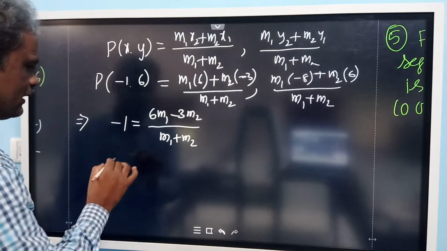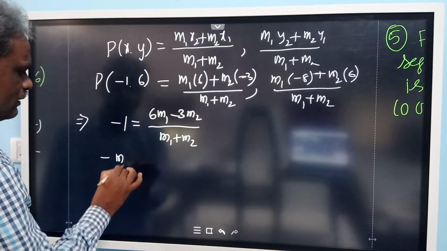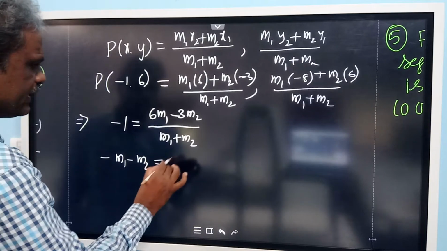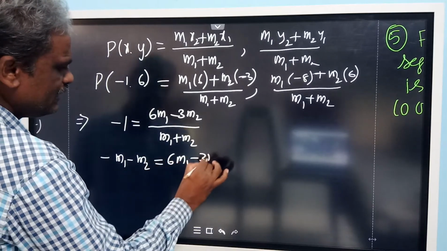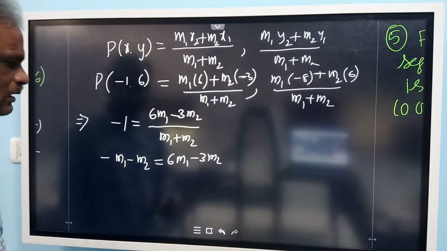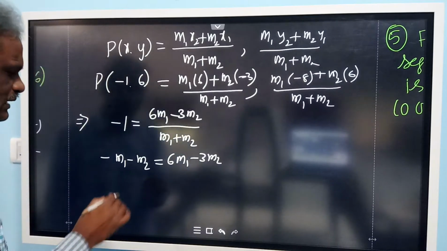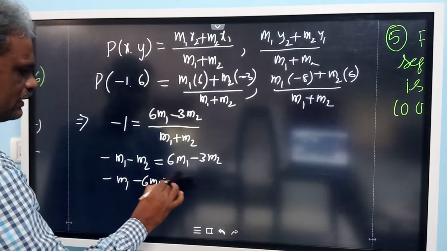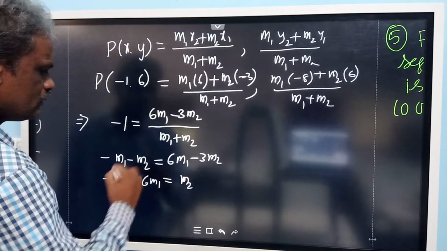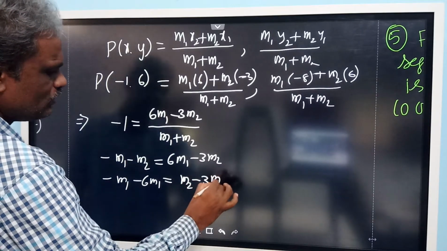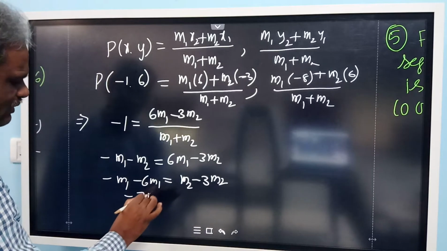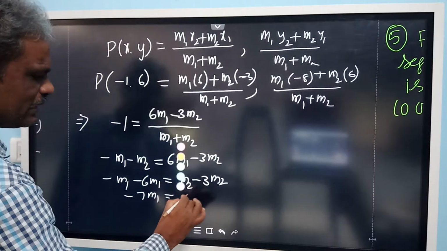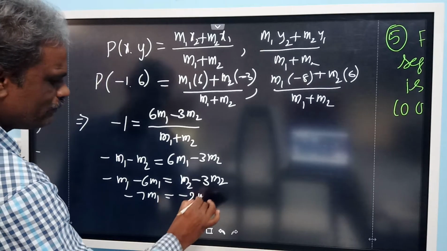Now cross multiply, so minus M1 minus M2. Transfer M1 and M2 to the left side, you are getting 6M1 minus 3M2. Now keep M1 one side and M2 other side. Minus M1, then minus 6M1 is equal to M2 on the right side minus 3M2. So this is minus 7M1 is equal to minus 2M2.